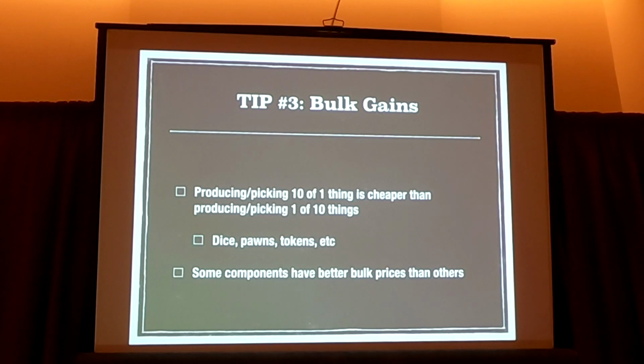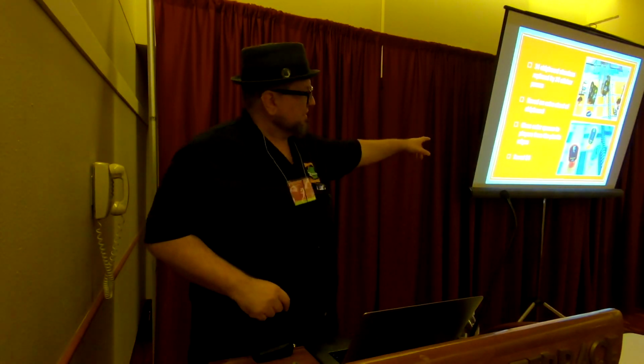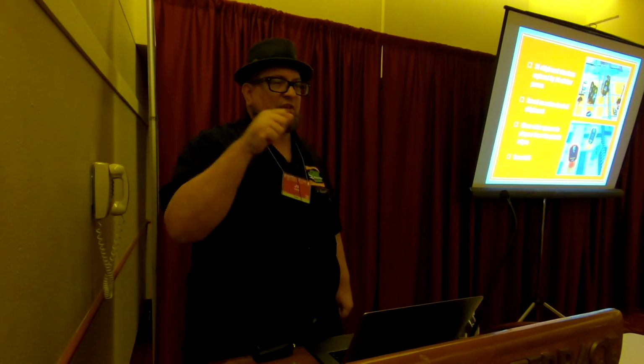If you had a bunch of pawns in your game, right? If you could use the same color of pawn, so in the case of these sticker pawns right here, if I could use the same color of that pawn rather than using 3 different colors like you see there, picking that at the Game Crafter, you're paying a picking fee to get it off the shelf and put it in your box.